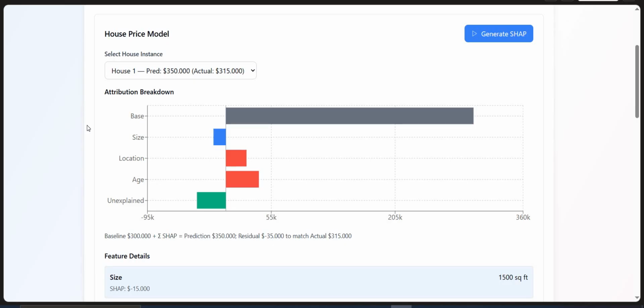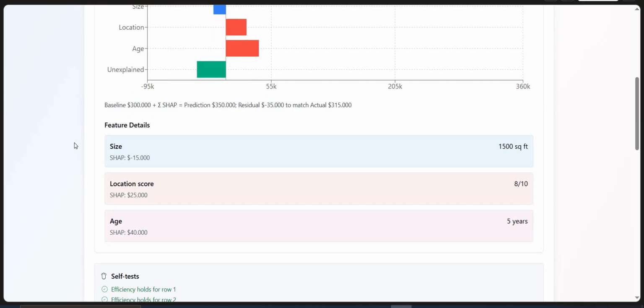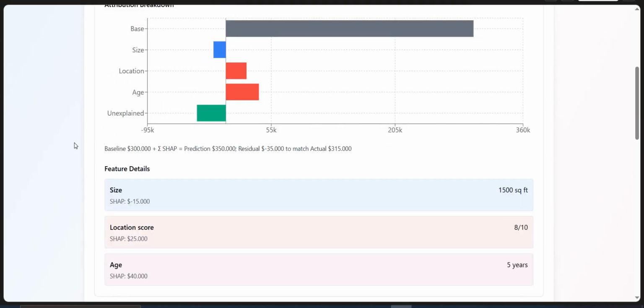If we break it down by features, the size of the house had a SHAP value of negative 15,000, meaning it pushed the prediction down. The location score added some positive contribution, the age also added, and then we have the unexplained part, which balances things so the sum lines up with the actual.